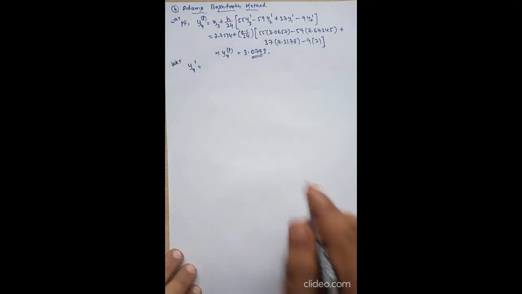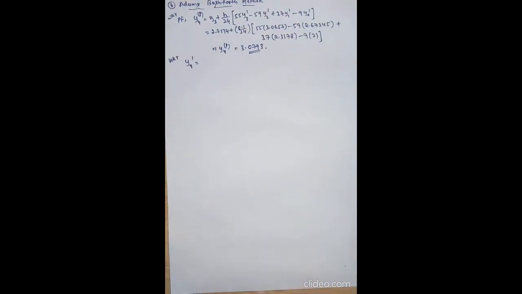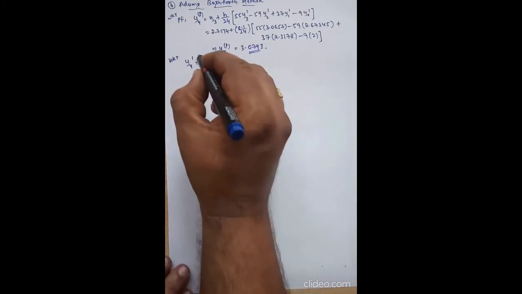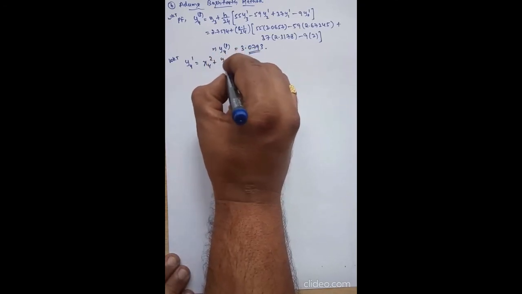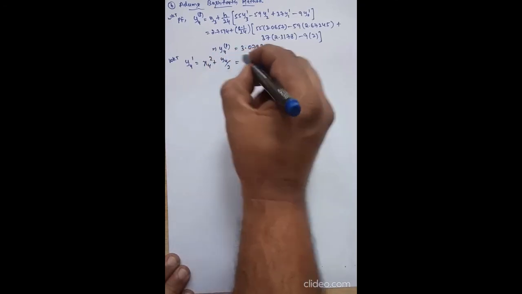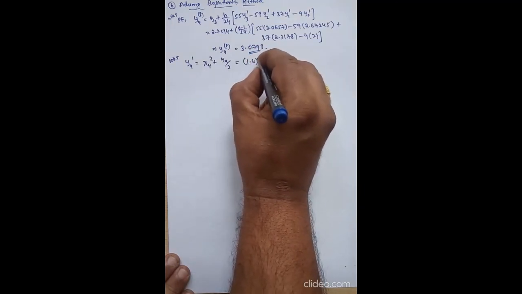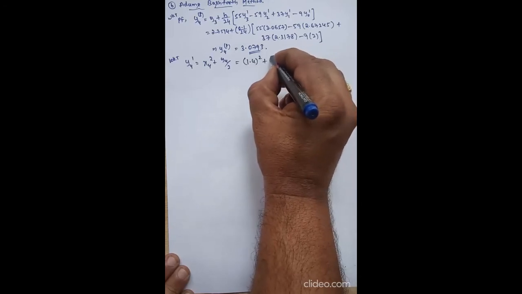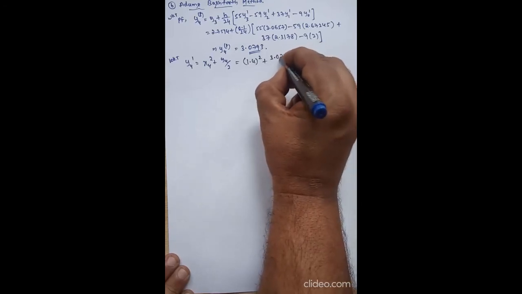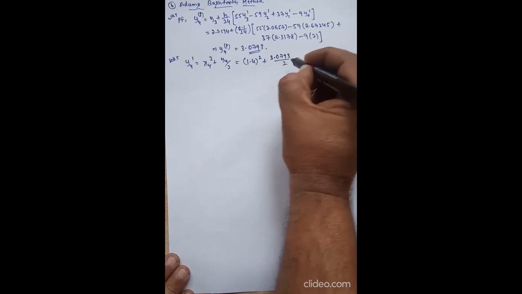So the formula is x4 square plus y4 by 2. So x4 means it is 1.4, 1.4 whole square plus y4. y4 means the predicted value, use 3.0793 divided by 2.